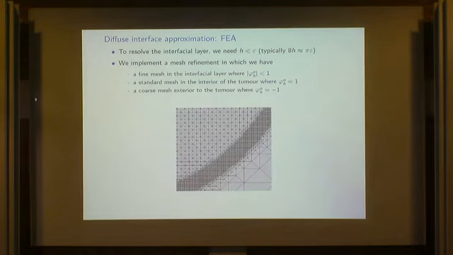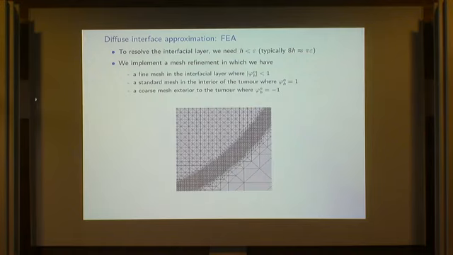What I would like to mention, from the point of view of solving this on a computer, with this finite element approximation, is that you have to be careful. We're approximating this motion by mean curvature using the Allen-Cahn equation, and you have to make sure that you suitably refine your mesh in the interfacial region. So we have three different meshes when we solve this problem.